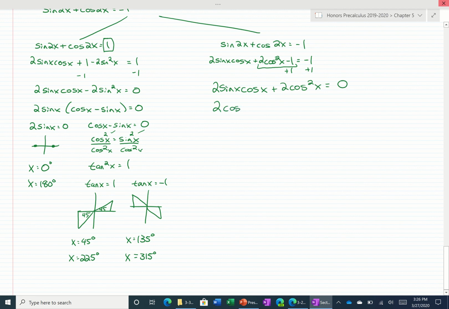We could take out a 2 cosine of x, and we're left with sine of x plus cosine of x is equal to 0. So when is 2 cosine of x equal to 0? When is cosine of x 0? Cosine's the x value. It would be 0 at 90 degrees and at 270.